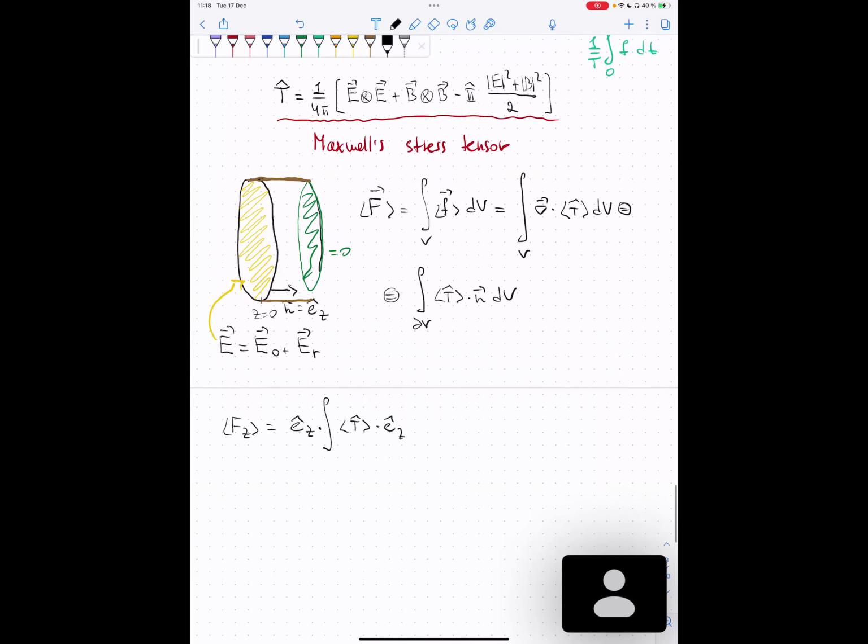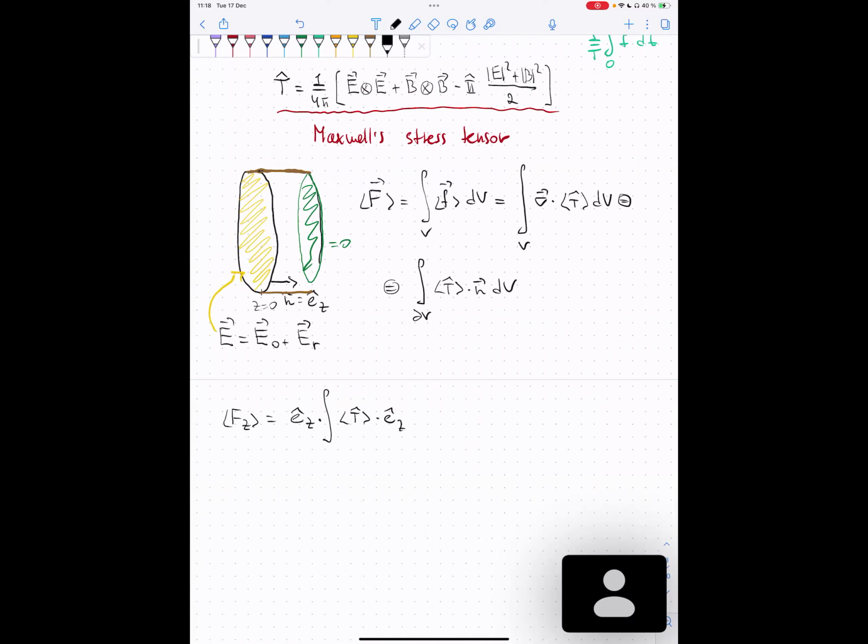Sorry, I made a mistake here. We need the outward pointing normal, which is minus Z, because Z is here.